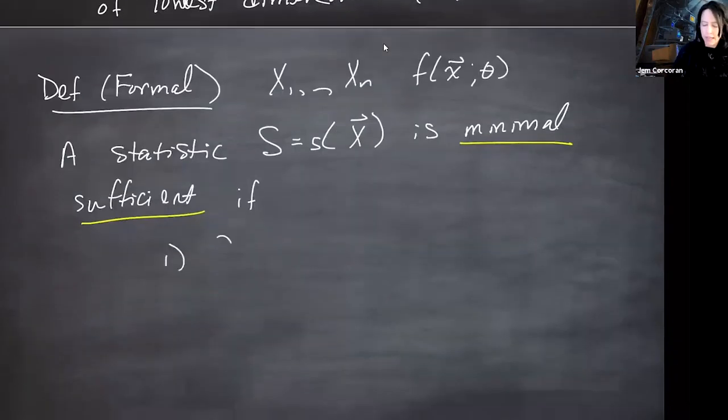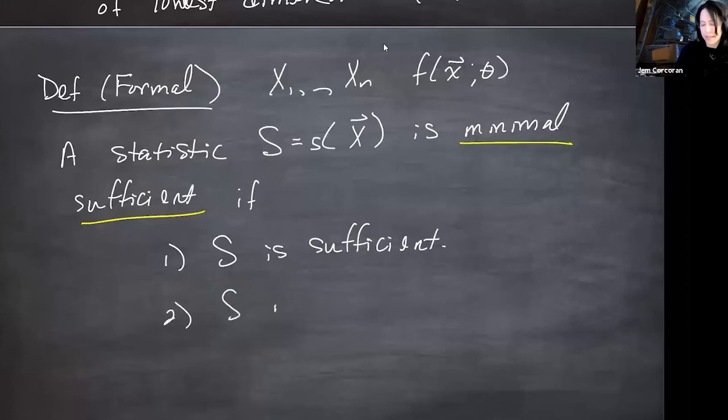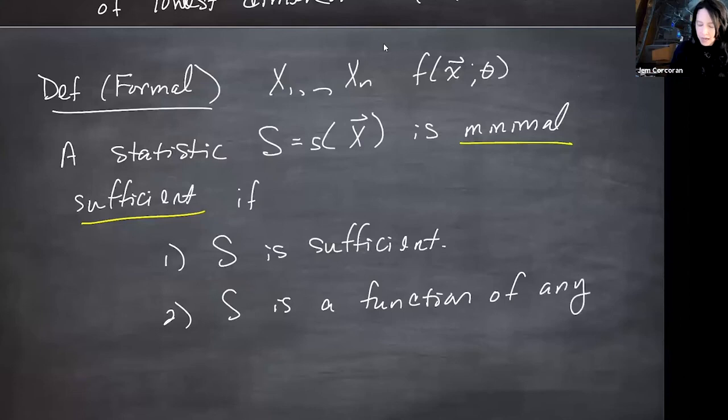If number one, S is sufficient, and number two, S is minimal. No, just kidding. That would not be a definition. So it's got to be a sufficient statistic, and it is a function of any and all other sufficient statistics.